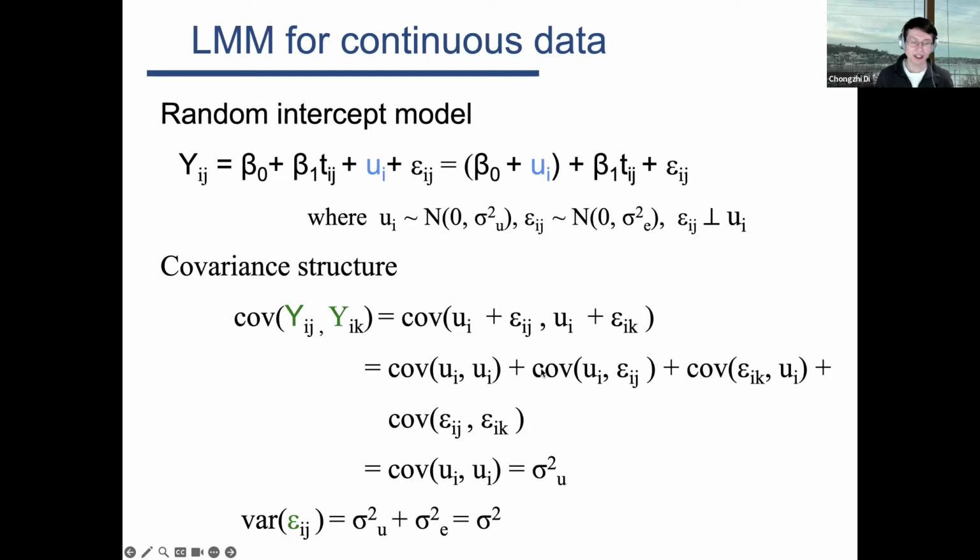So once you do the calculation, you realize that the covariance between any different visits j and k is exactly the same, and equals the variance of the random effects. And the variance of Yij is a little bit larger: it's the sum of the variance of the random effects and the residual error variance.